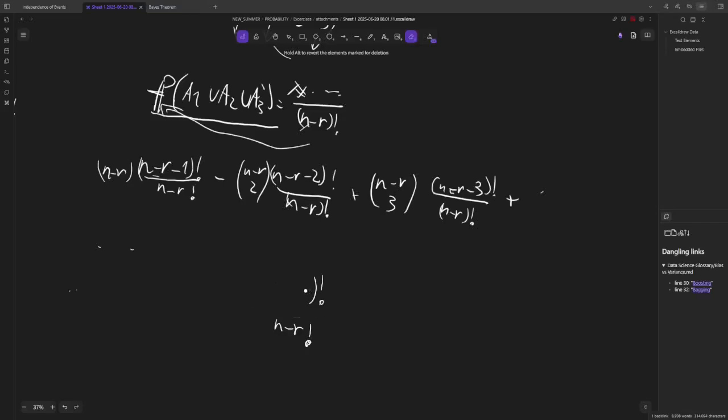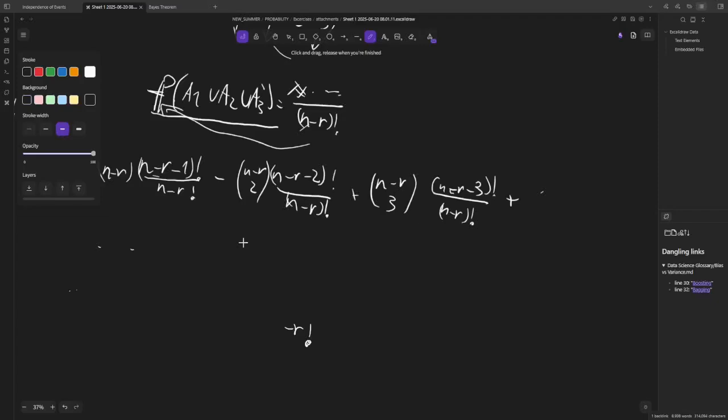Let's clean this. So for this one you will have n minus r factorial over n minus r minus 2 factorial times 2 factorial. So you will notice that this simplifies with this and this with this.